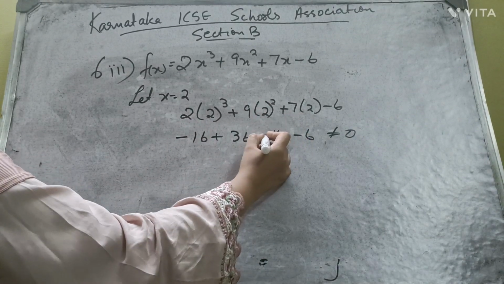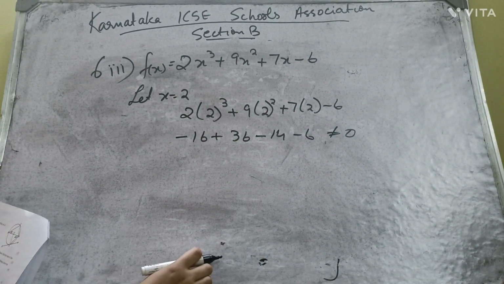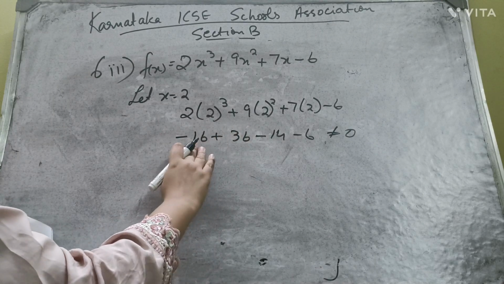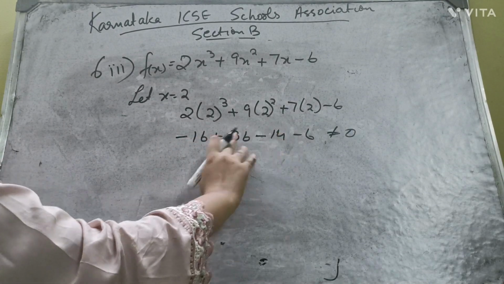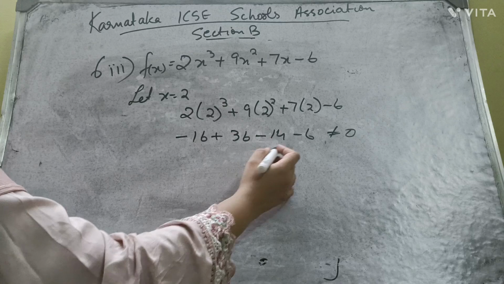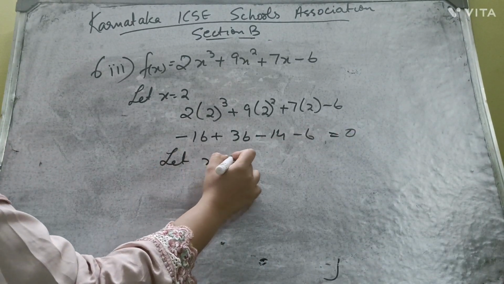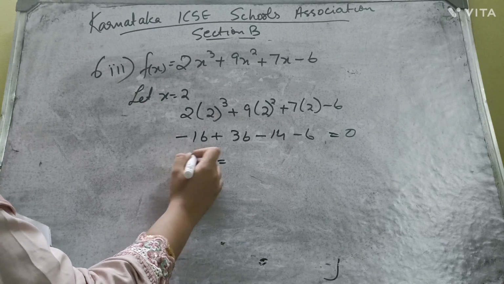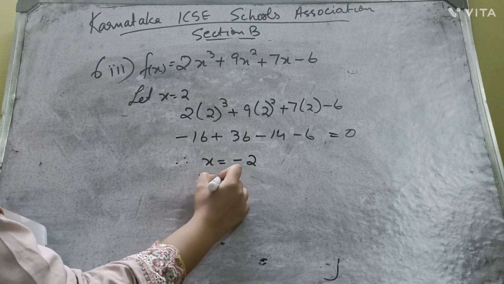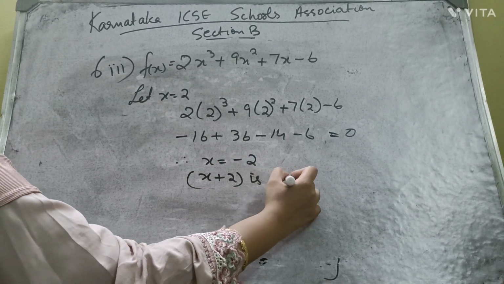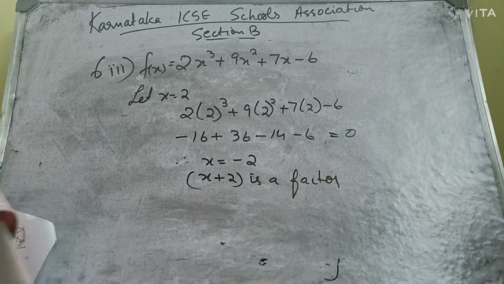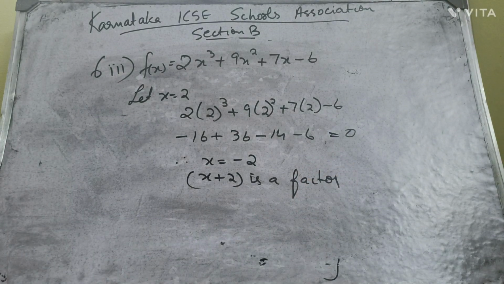If this was minus, this sign would have been minus and this sign would have been minus. Now let us try. So 16, 14 is 30, 36. So this is equal to 0. Therefore x equal to minus 2. So x plus 2 is a factor.